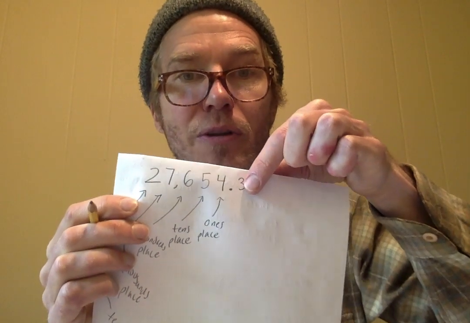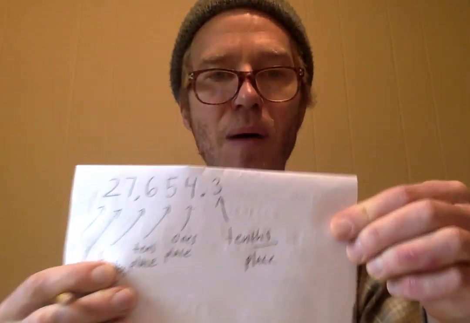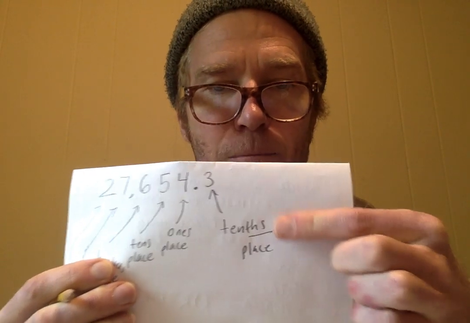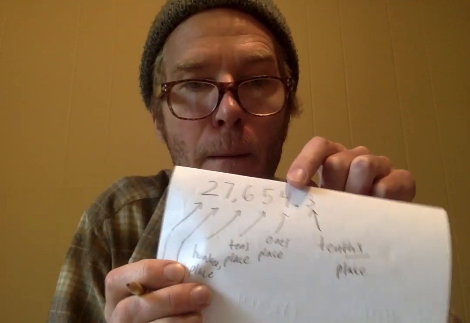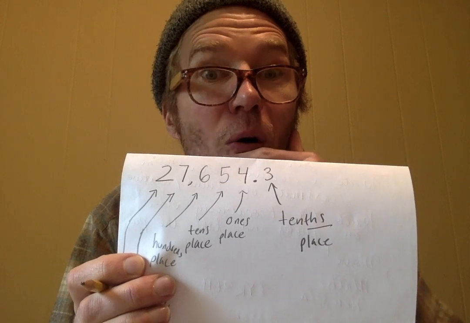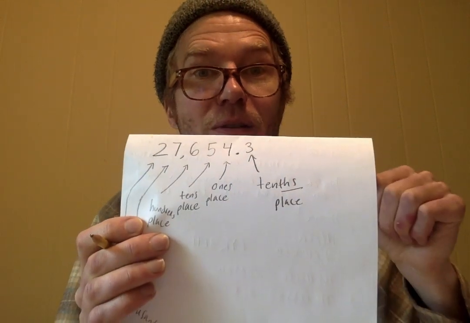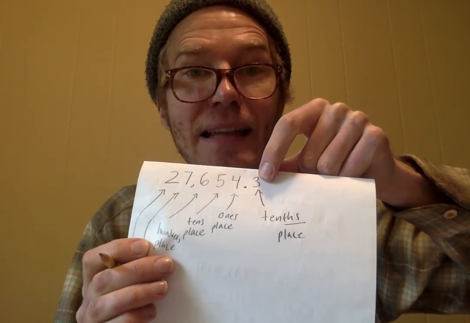So the 3 is in not the 10 spot, the tenths spot, or the tenths place. Tenths. 27,654.3 or 3 tenths. So that first is the tenths spot. It's all in fractions.